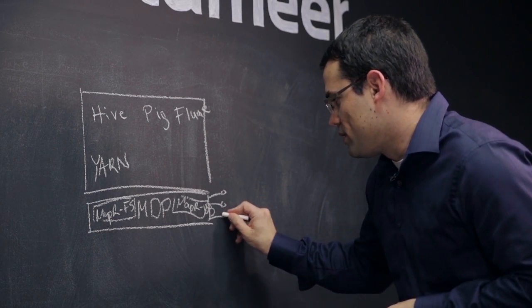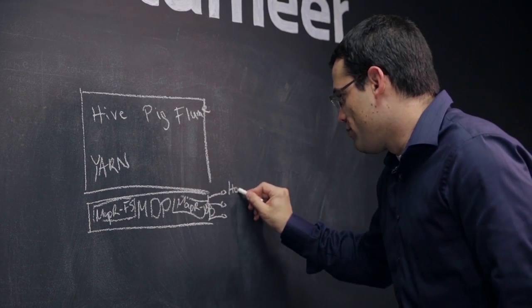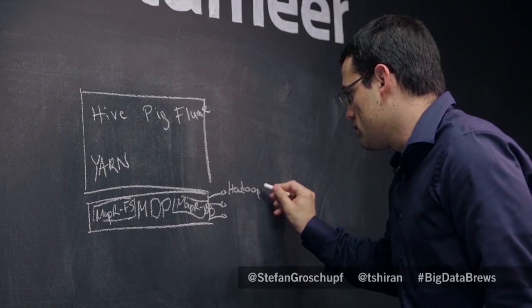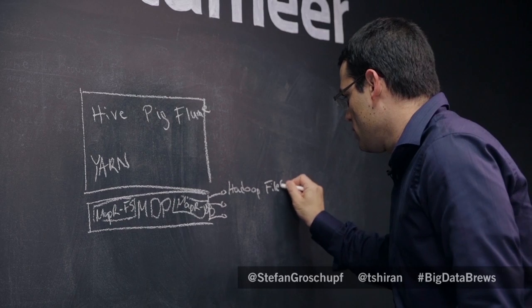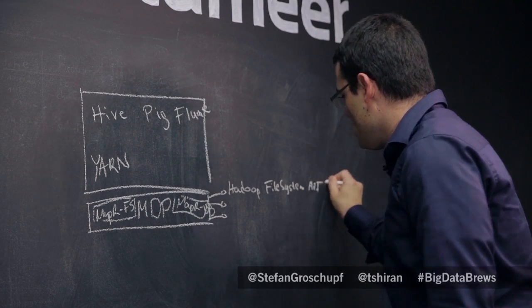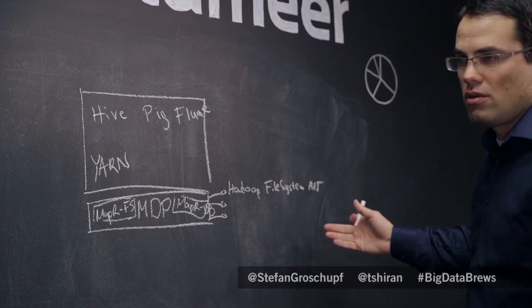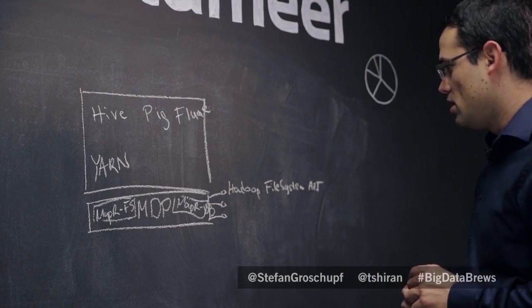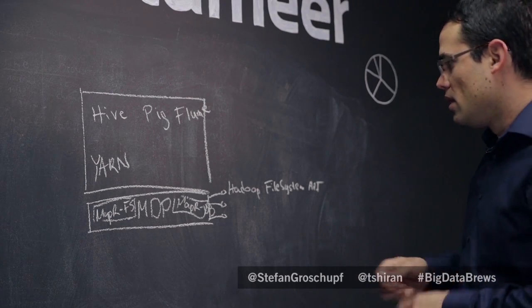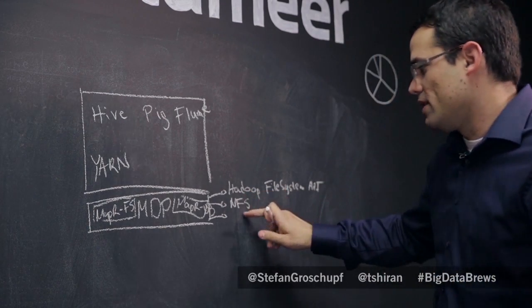So if you look at the interfaces for the MapR data platform, clearly we have the Hadoop file system API. This is the same API that's exposed by HDFS or Amazon's S3 implementation or Google Cloud Storage, their integration with Hadoop. And we also have an NFS interface here, which is the standard storage interface.